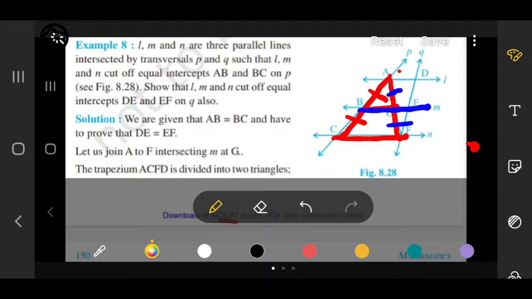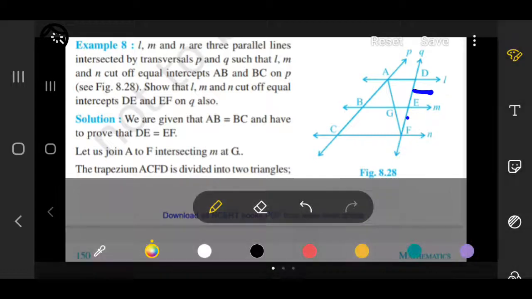Now we have AG equal to GF. Actually, what you have to prove is that L, M and N divide DF into two equal parts. So we have to prove that DE equals EF.